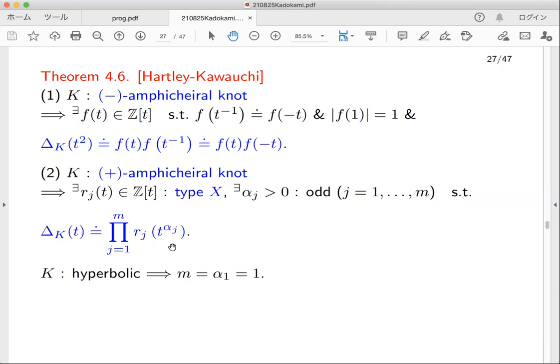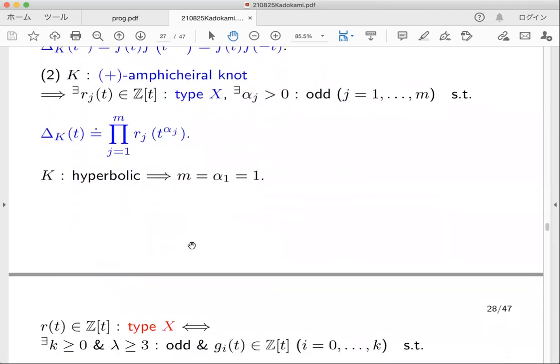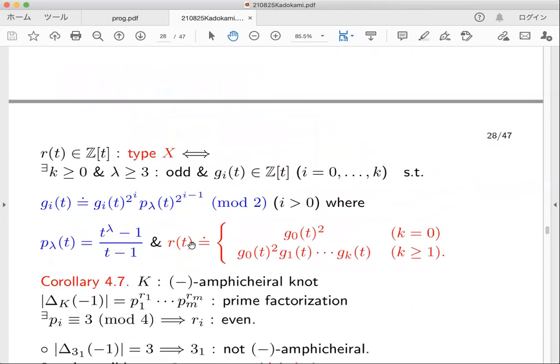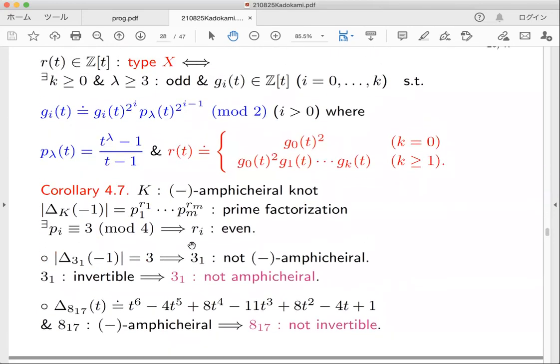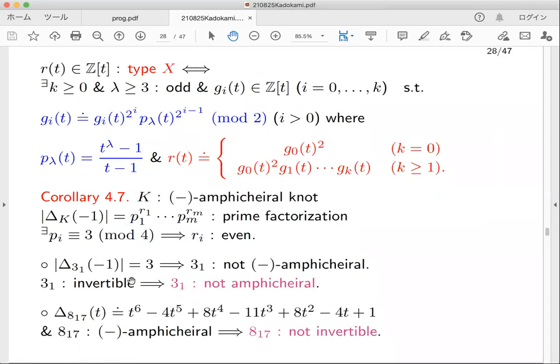Then we have this kind of condition, but we don't like to enter into these conditions. But anyway, by using these conditions, we can see non-Amphicheirality of the trefoil and non-invertibility of 8_17.